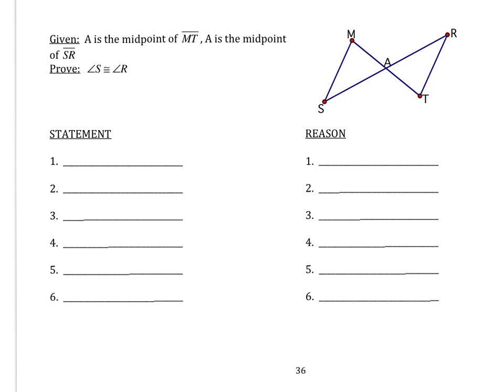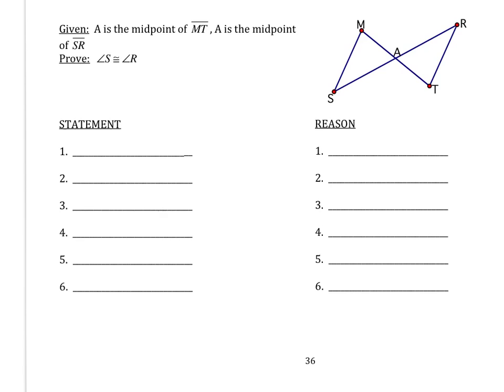All right? Fourth one. A is the midpoint of MT. So, MA is congruent to AT. A is the midpoint of SR, which means that AS is congruent to AR. I'm out of givens.